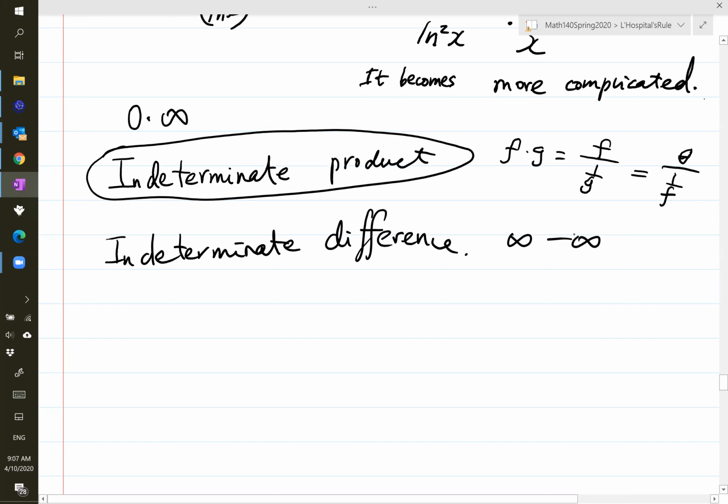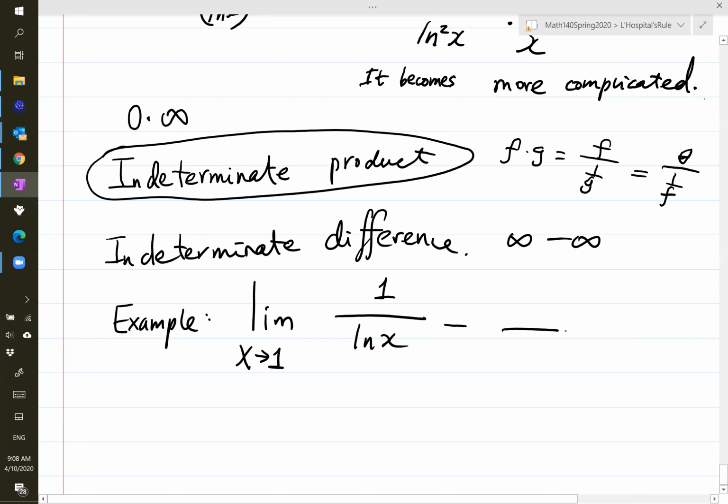Let's see some example. Let's see this example. Limit as x approaches 1 of 1 over ln x minus 1 over x minus 1.